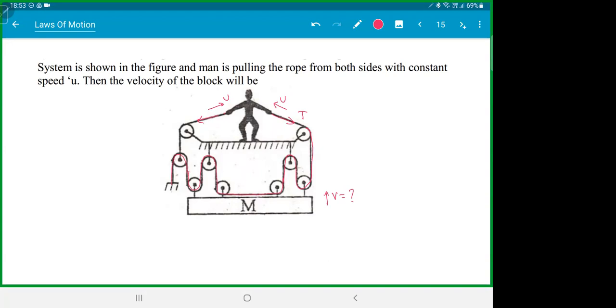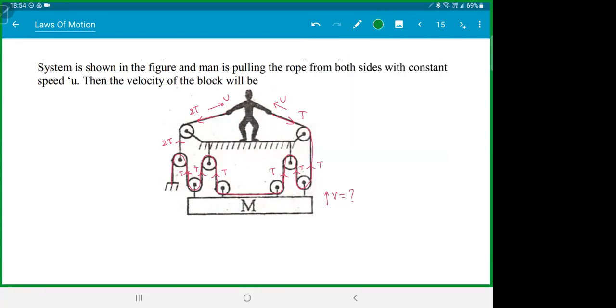So this is tension T, this is tension T, this is tension T, this is T, this is T, and this is T. This guy will be 2T. So both sides are not held with the same tension. The tension is different on both the sides. That is where you must have made the mistake.